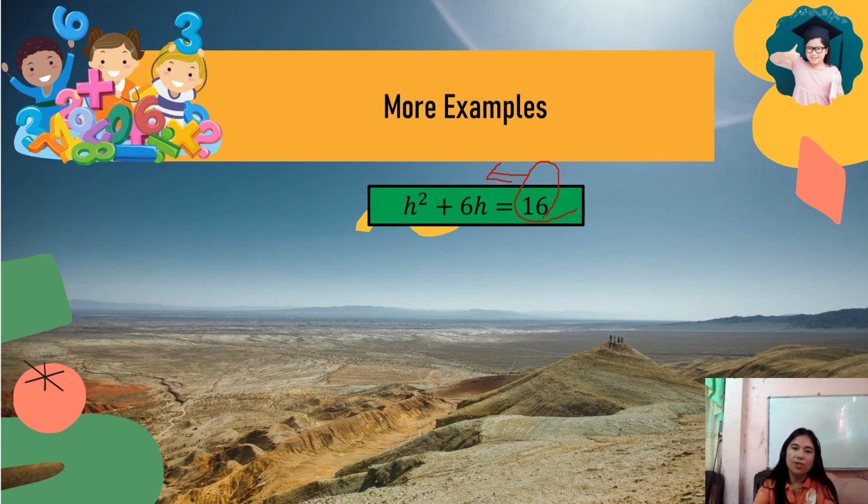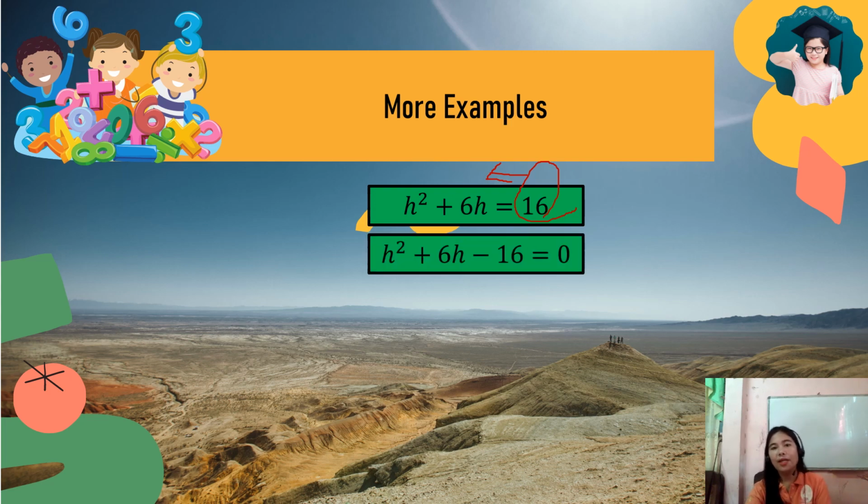So, what you're going to do is write h squared plus 6h. Tapos, i-follow nyo yung 16 by changing its sign kasi kailangan natin gamitin yung ating magic rule kasi tatawid siya ng equal sign, so magiging h squared plus 6h minus 16 equals 0. Pag naka-standard form na, go on factoring.